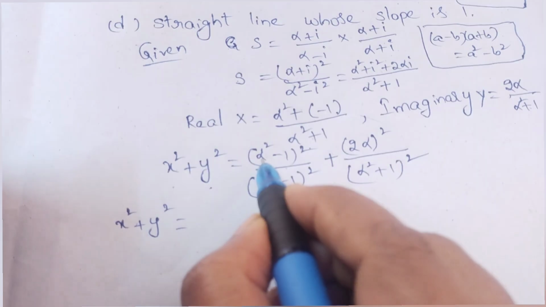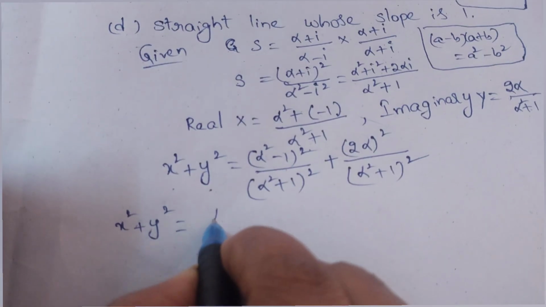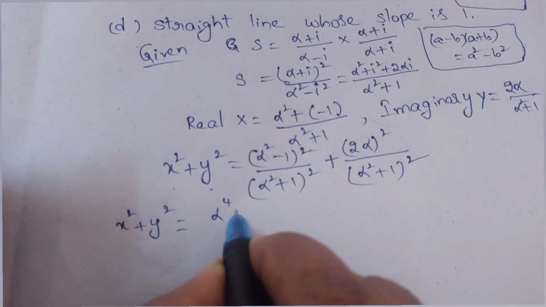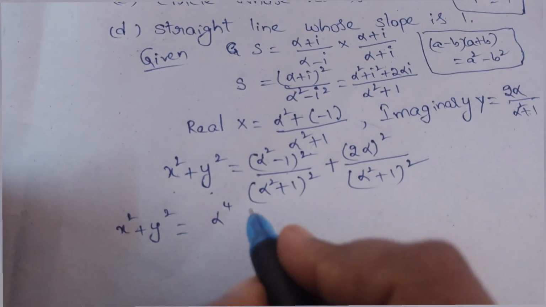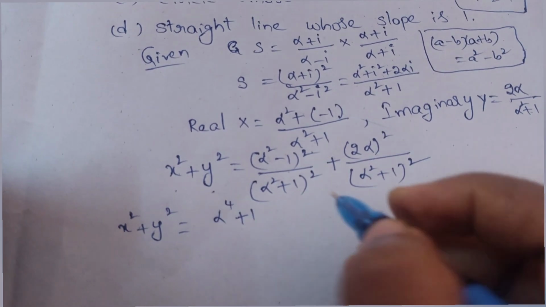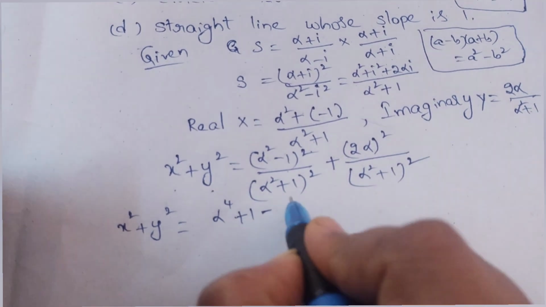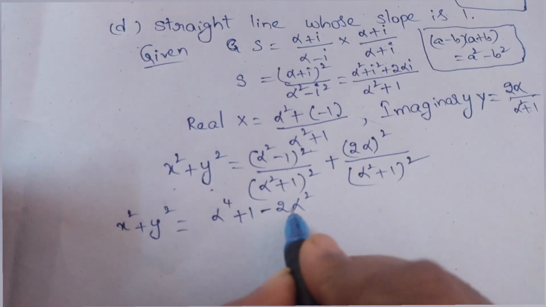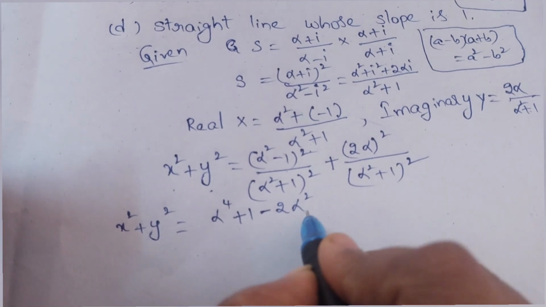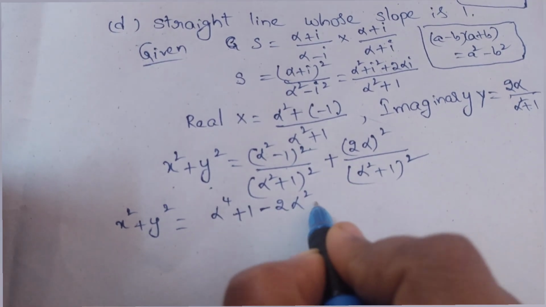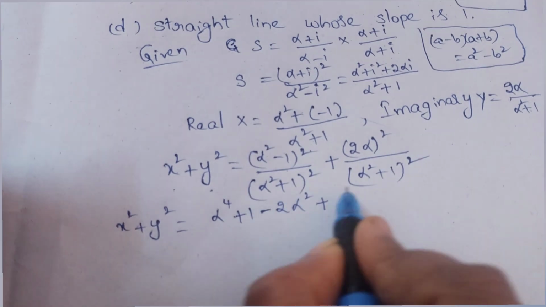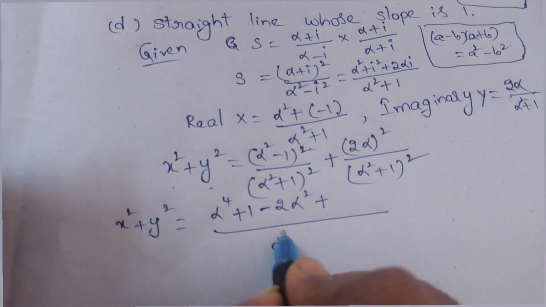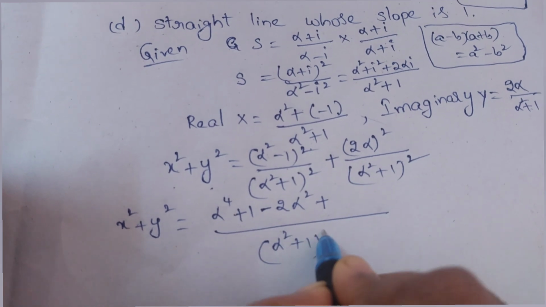So what is a here? Alpha square. So a square is alpha square whole square, alpha power 4, plus b square, that is 1 square, minus 2ab. 2 into a is alpha square, b is 1, so 2 alpha square into 1 is 2 alpha square. And if we observe, the denominator is the same, alpha square plus 1 whole square.